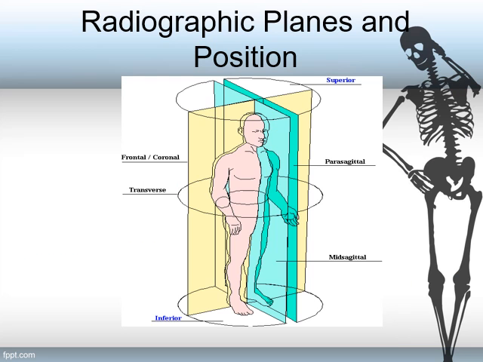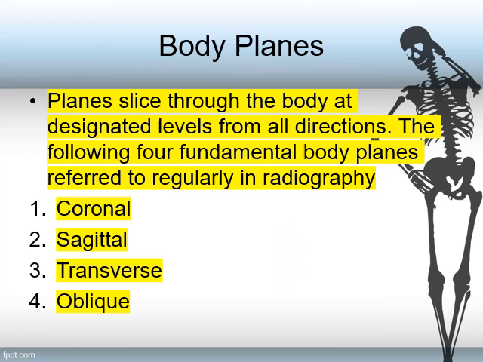So, the radiographic planes and positions, ito yung start ng ating planes. When we say body planes, they are imaginary lines or imaginary slices that slice through the body at designated levels from all directions.